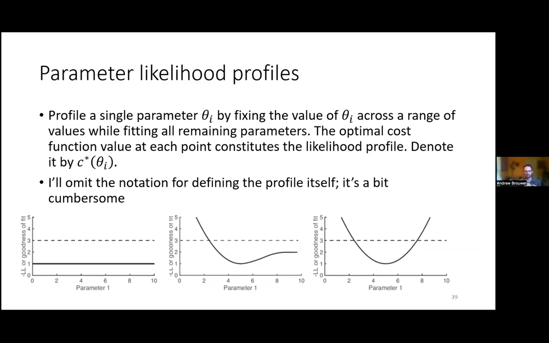That's saying that if you fix this parameter at this one value, what's the best you could possibly do given the remaining uncertainty in the system? I'm not going to define it specifically here. It's a bit cumbersome, but we'll call that C star of theta_i. So those might look flat here on the left. They may have different curve shapes that I'll come back to in a second.